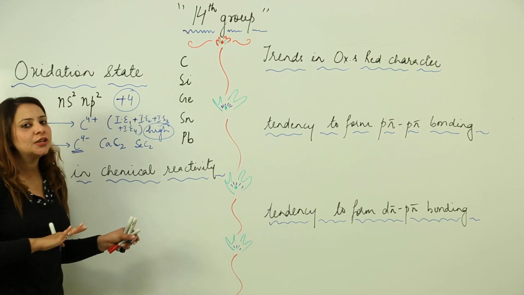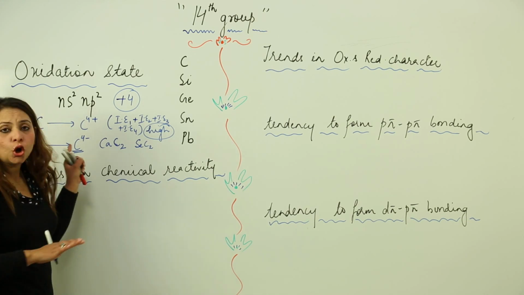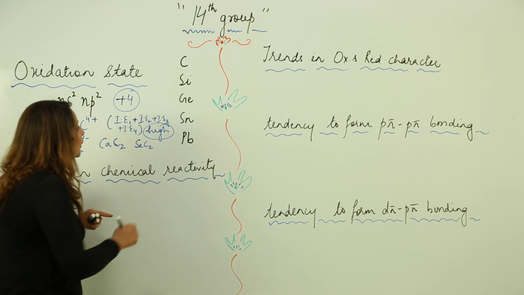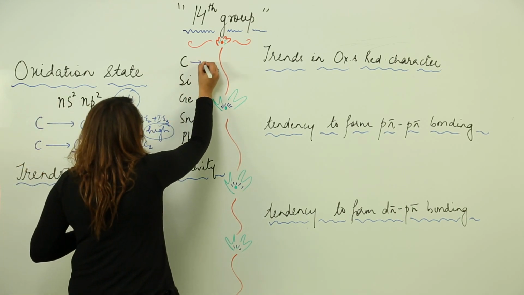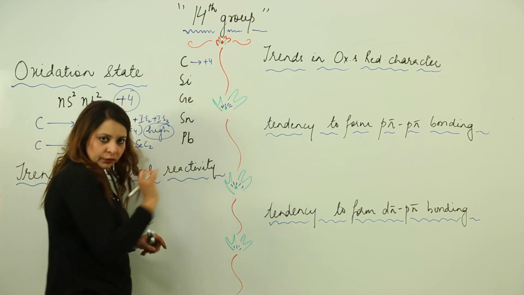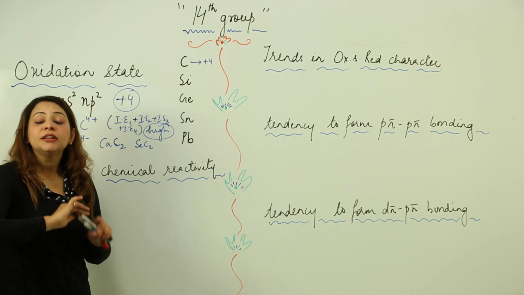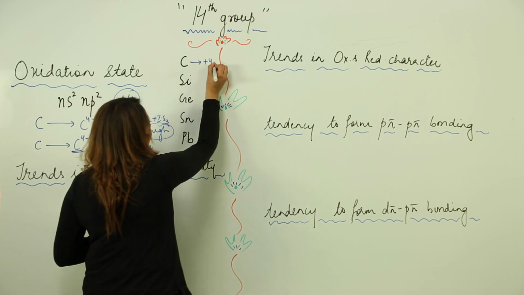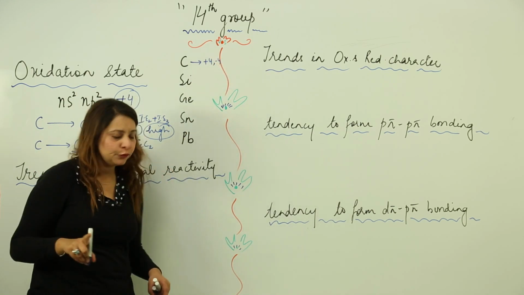Otherwise, it is energetically unstable. So carbon exists in a state of +4, though energetically not favorable, and it may exist in +4 or -4.